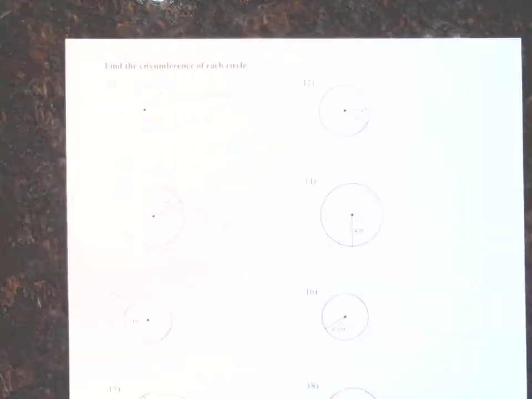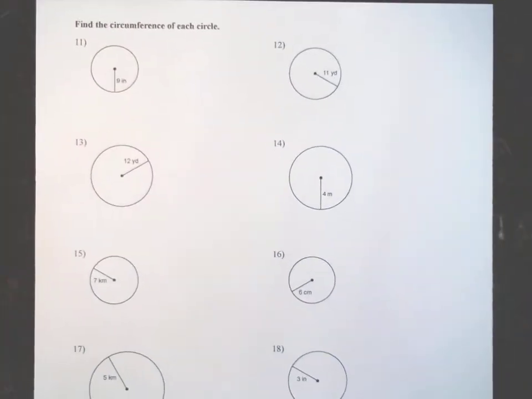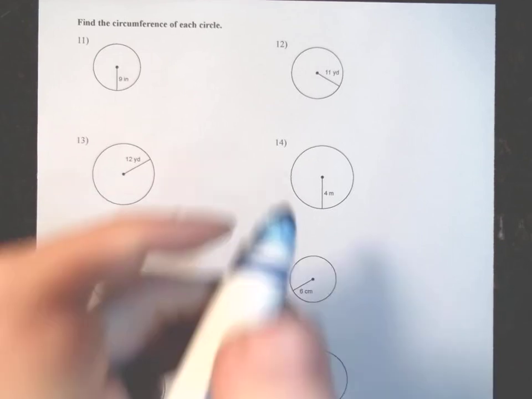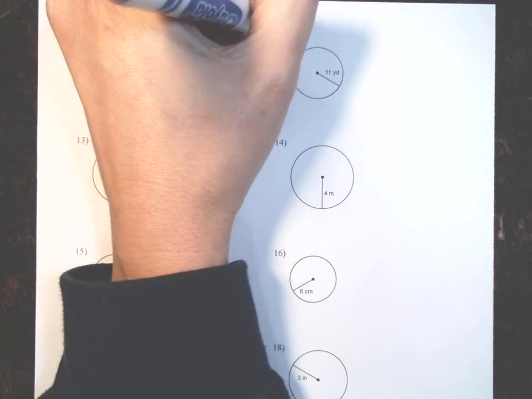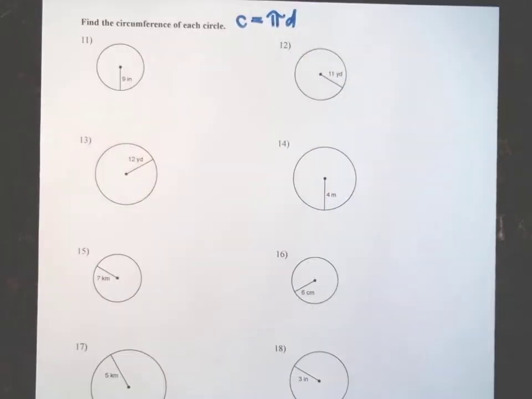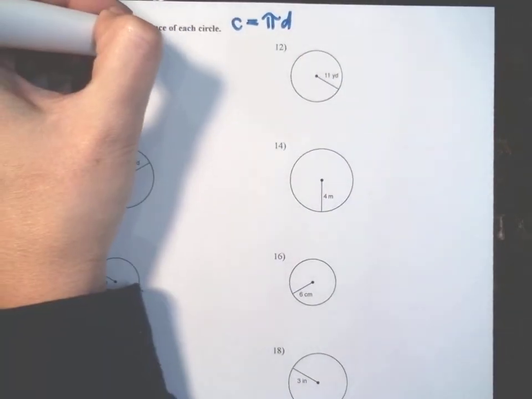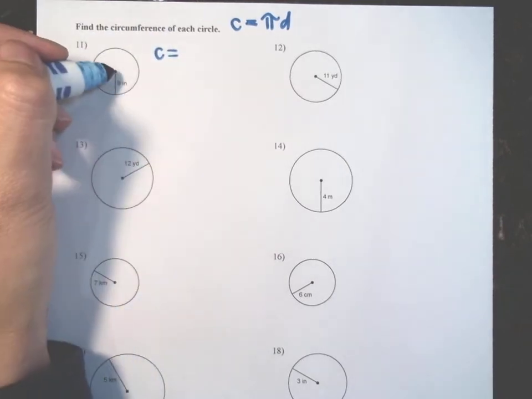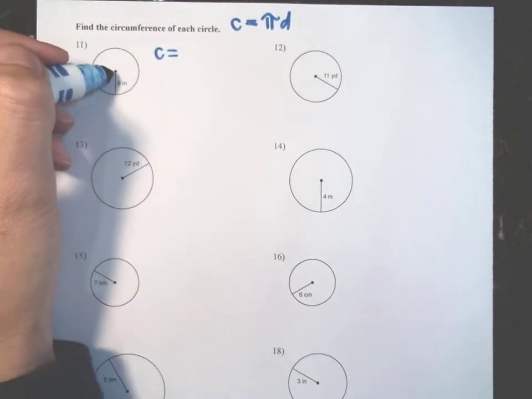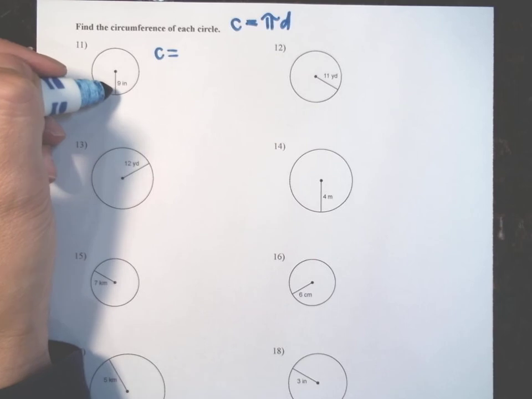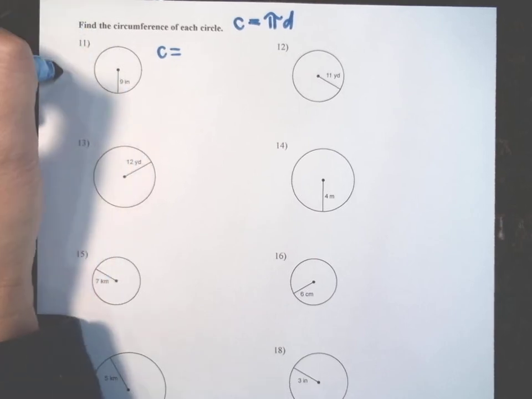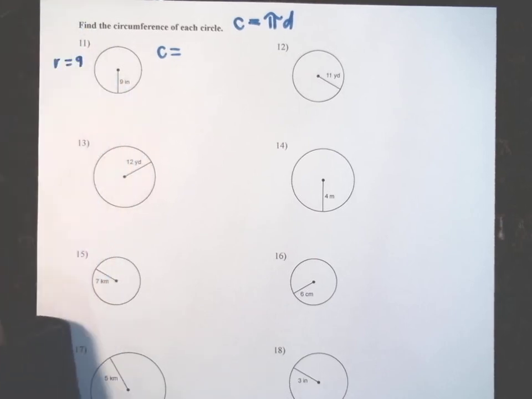Okay, and then let's look at the second page of your assignment, starting with number 11. And we're going to be finding the circumference, or the perimeter around the outside of the circle. So we said the circumference equals pi times the diameter. And so I always just like to write the number first and then pi. So our diameter, though, we don't know the diameter, right? We know that our radius equals 9.